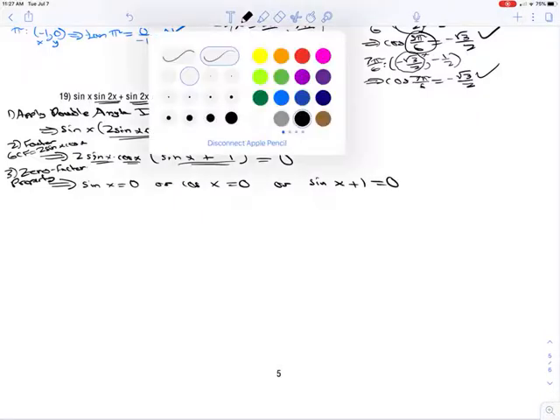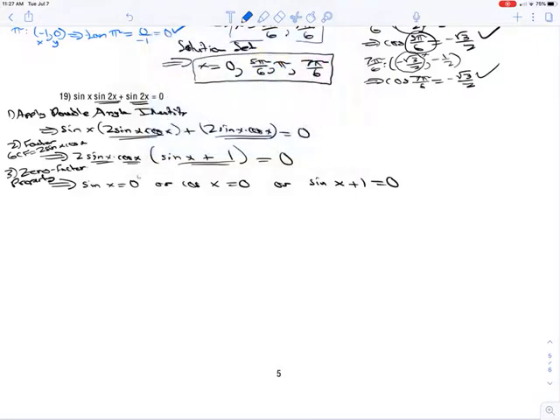When does sine hold a value of 0? We're asking ourselves, when is our y coordinate 0? Here we got cosine of x equals 0. We're going to be asking ourselves when our x coordinate is 0. And we got to solve the last one. We got a little bit of work, but let's go ahead and write these solutions. On the unit circle, when do we have a y coordinate of 0?